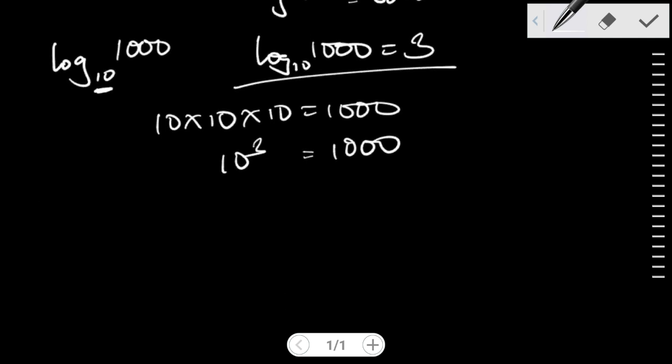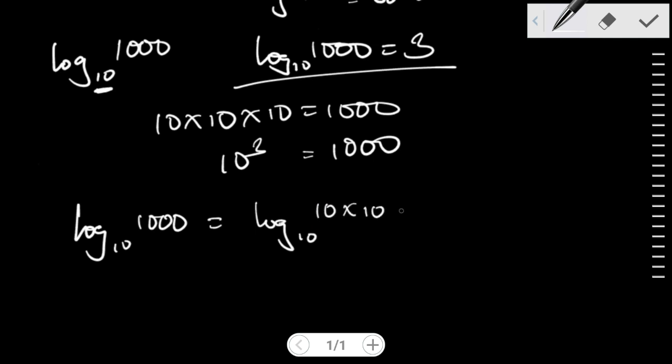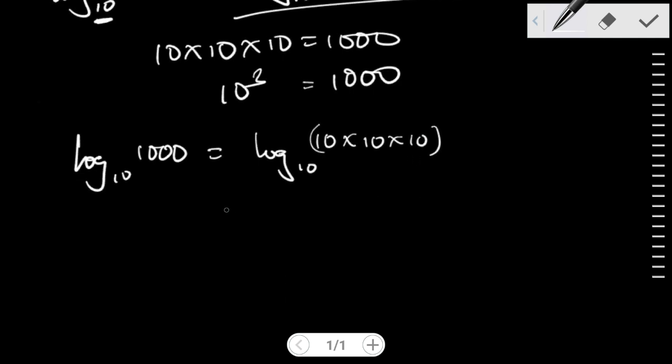Sometimes if you're working it out, you might write that log base 10 of 1000 is equal to log base 10 of 10 times 10 times 10, which is log base 10 of 10 to the power 3.